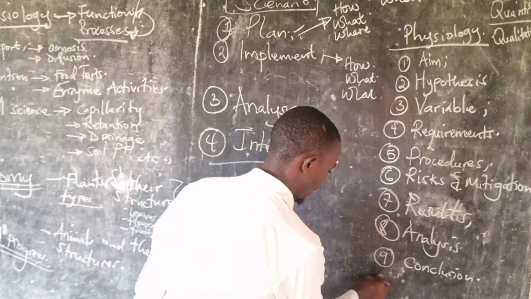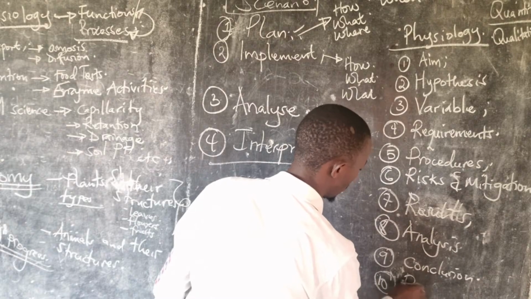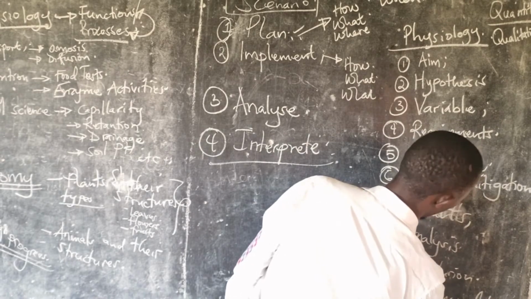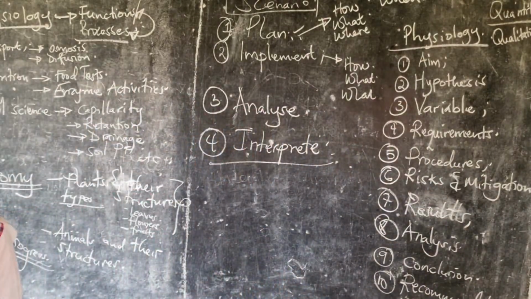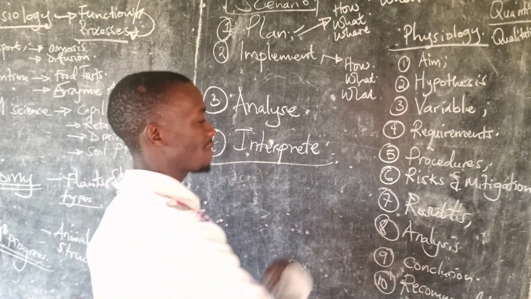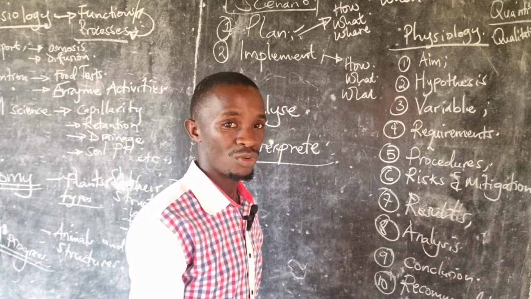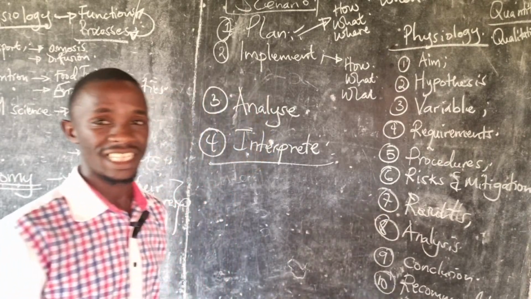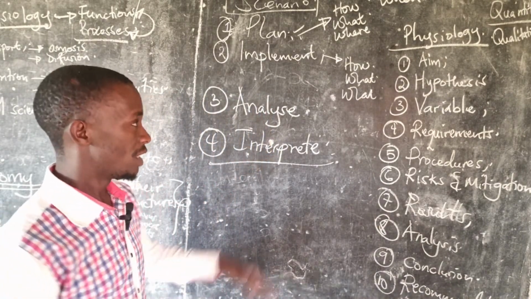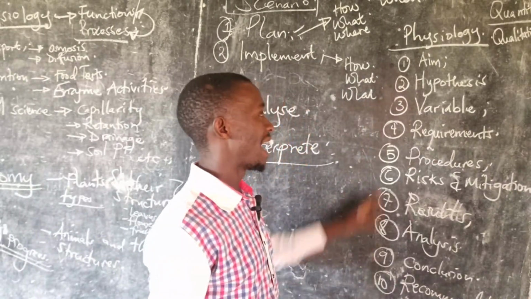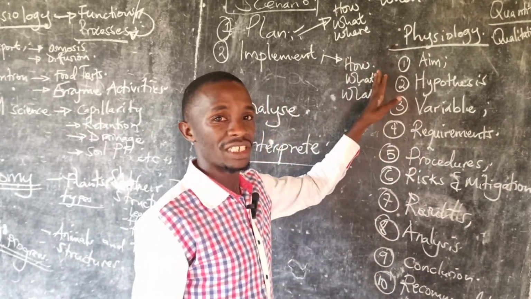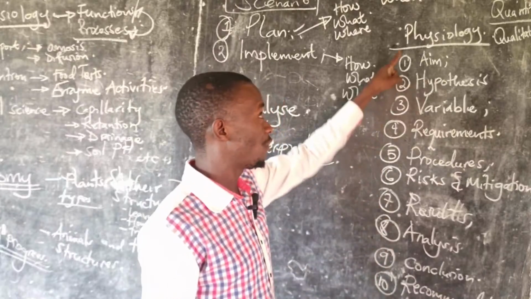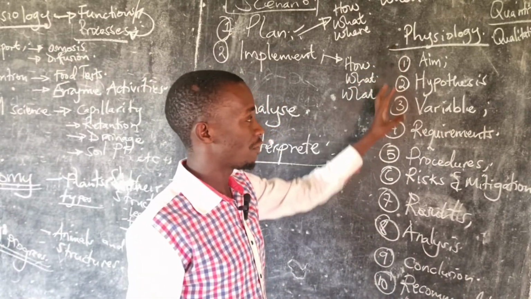And finally, sometimes a recommendation. What do you advise someone to use alternatively? What could someone do? Should this someone continuously use that as stated in the scenario? These are the things one should put at the back of the mind before you even start responding to anything in a practical. All of these must appear somewhere in your physiology items as part of the responses.